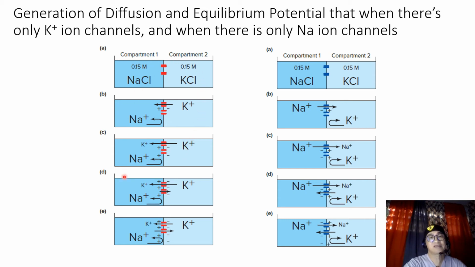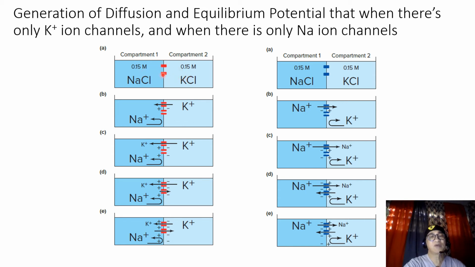Now, let's take this example here, wherein you have two compartments with two different solutions but of equal molarities. You have sodium chloride and potassium chloride in compartment 1 and compartment 2 respectively.